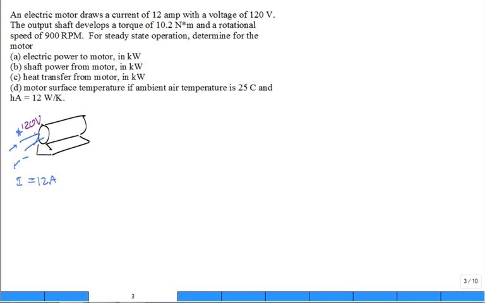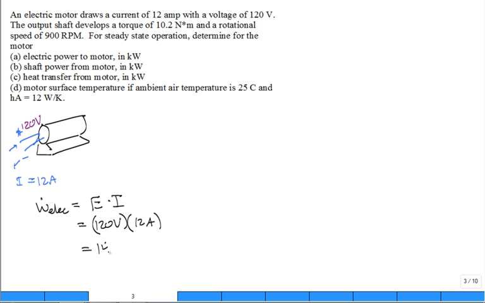So the electric power to the motor would be simply W dot electric to the motor is equal to the voltage, let's call it E, the EMF, electromotive force, times the current, and we have 120 volts times 12 amps.